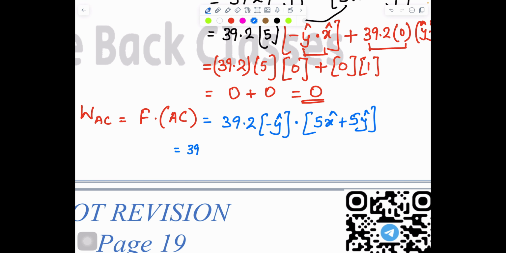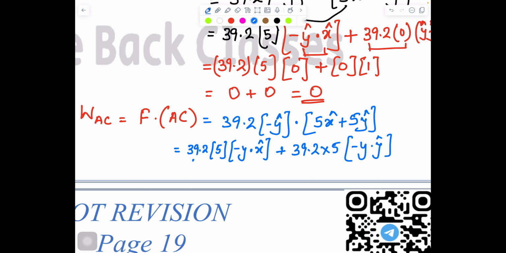So 39.2 multiply 5 negative y dot x, plus 39.2 multiply 5 negative y dot y. Yes or no? This term will become 0, plus 39.2 multiply 5, 196, y dot y, 1, with negative 1.